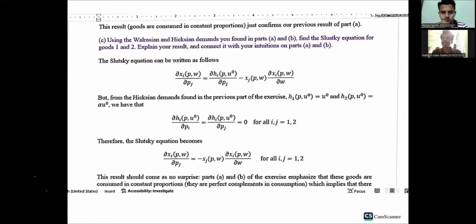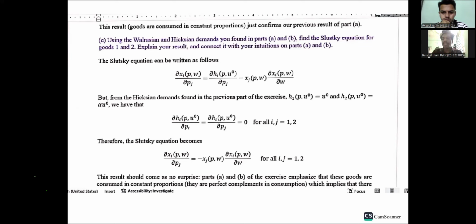So therefore, if we substitute this in the Slutsky equation, it becomes that the derivative of xi(p, w) with respect to pj is equal to minus xj(p, w) times the derivative of xi(p, w) with respect to w.